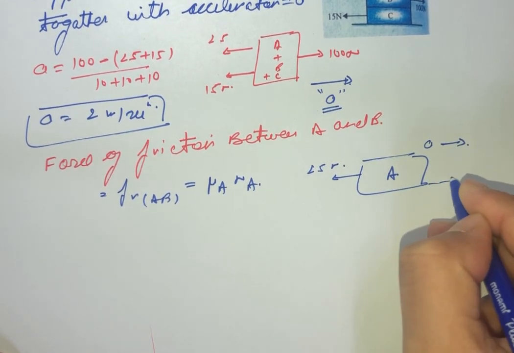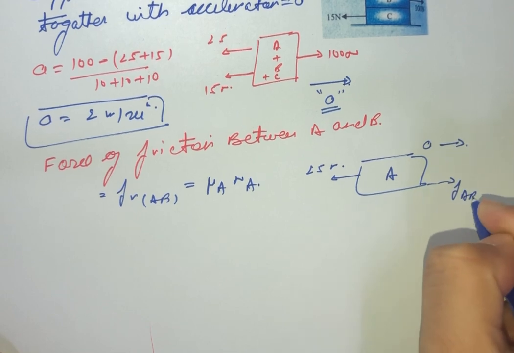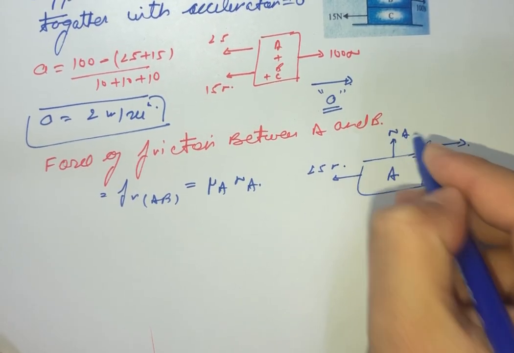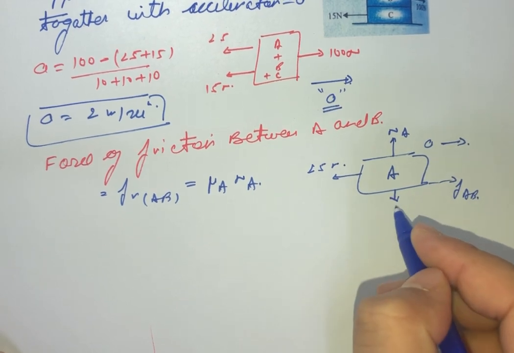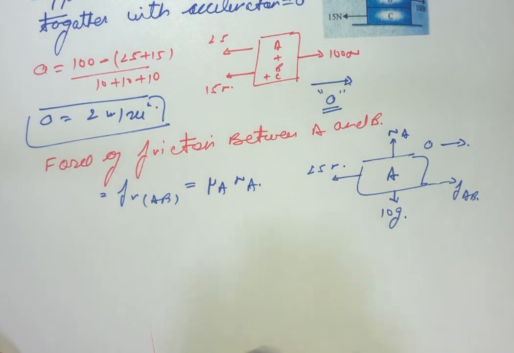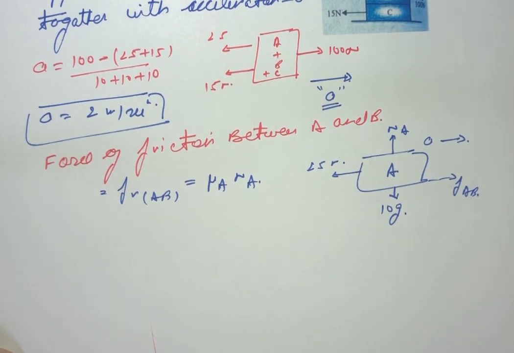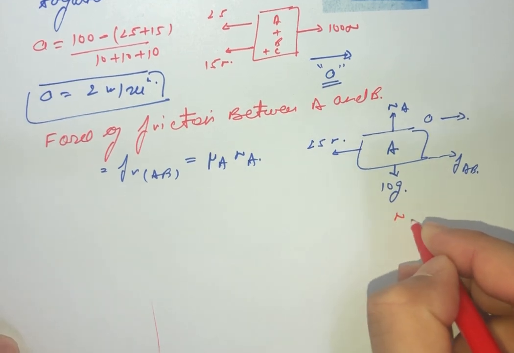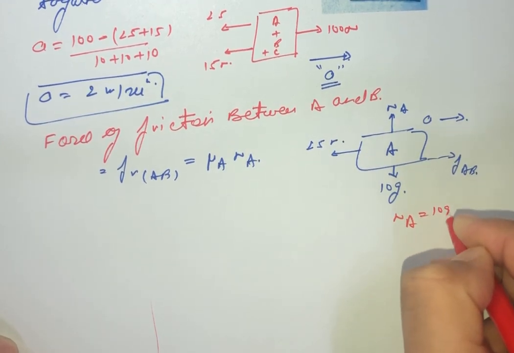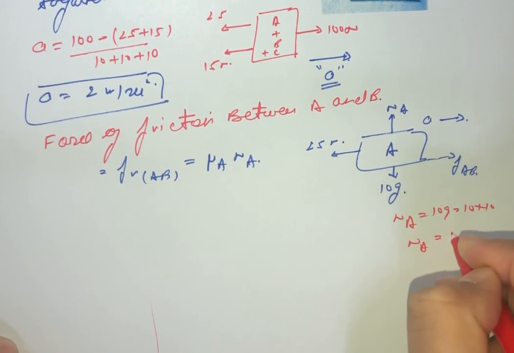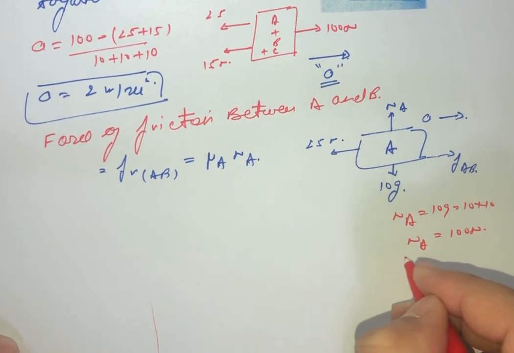So this will be our FAB, and there will be a normal NA in the upper direction and weight is given as 10 g. So NA is equal to 10 g, which is 10 into 10, so NA is equal to 100 Newton.